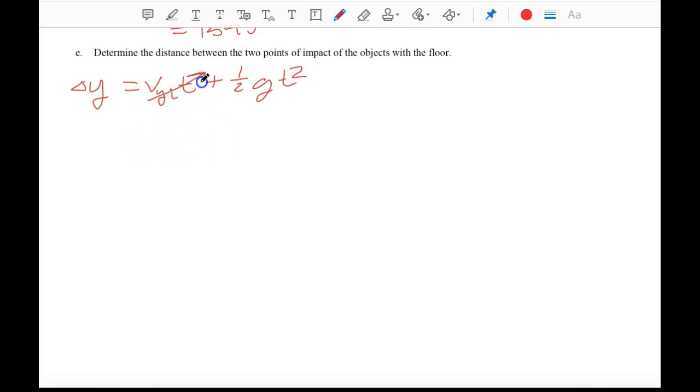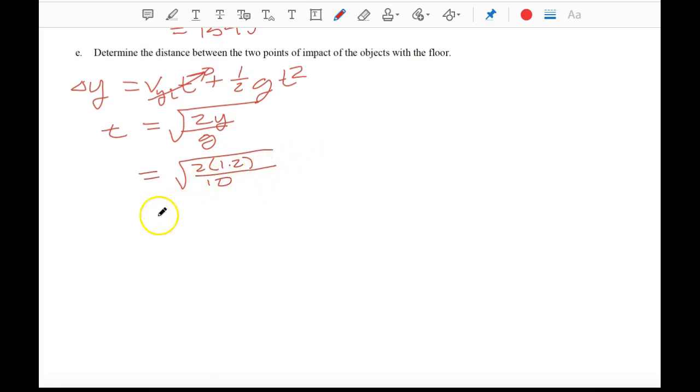We know that the original velocity here is 0, so our time is just going to be equal to the square root of 2y all over g. And now we can plug our numbers in, so that's the square root of 2 times 1.2, and then gravity on the bottom, which is 10. And so we end up with a time equal to 0.5 seconds.